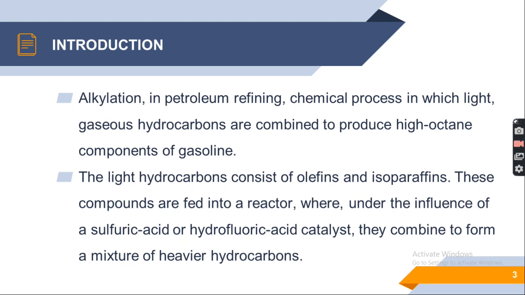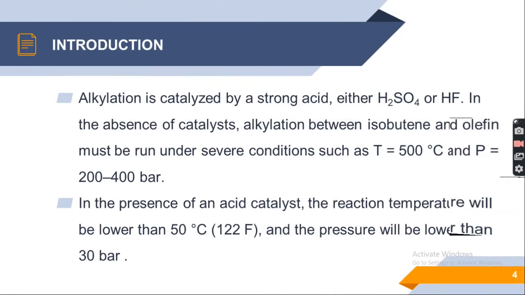Alkylation can also be done in the absence of the catalyst as well. Alkylation is generally catalyzed by a strong acid, that is either sulfuric acid or hydrogen fluoride. In the absence of catalyst, alkylation between isobutane and olefin is possible, but it must be run under severe conditions, that is, the temperature should be as high as 500 degrees Celsius and the pressure should be between 200 to 400 bar.